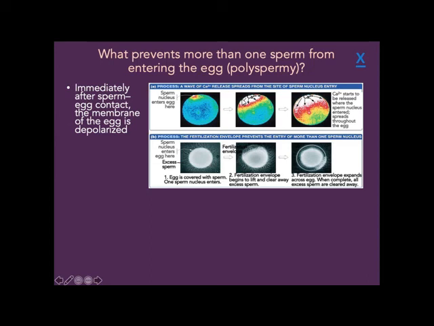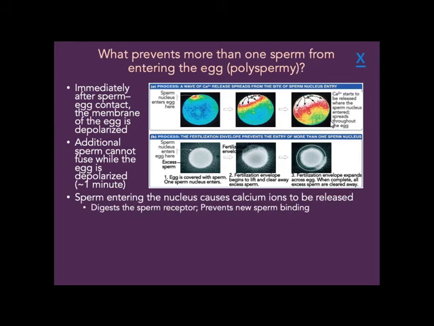You have a wave of calcium ions that are released from the starting point. Calcium starts to be released where the sperm nucleus enters the egg and it spreads all the way around. And while that is happening, additional sperm can't fuse. So basically the wave of calcium caused by the initial fertilization event prevents any other sperm from fusing.